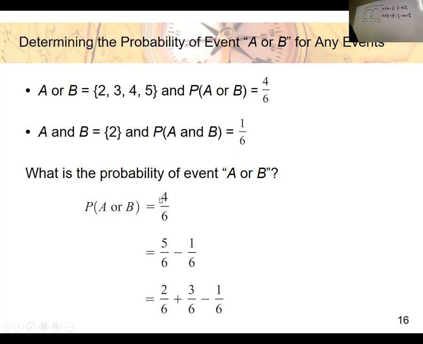So to find that probability is going to be this. A or B would be 4 over 6, or, in this case, 5 over 6 minus 1 over 6. Now, for A, it's 2 over 6 plus 3 over 6 minus 1 over 6. I think they're working backwards on this in this case to get you what that formula is for A or B when you do not have mutually exclusive events.